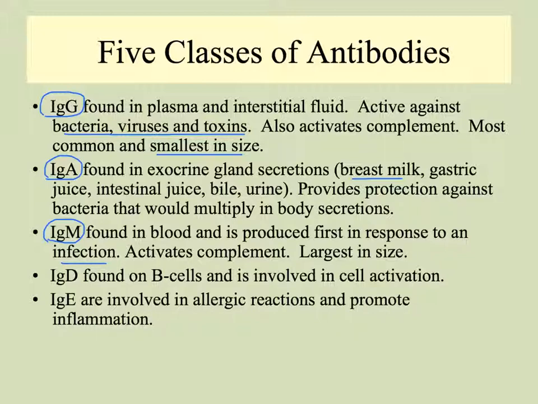It also helps activate the complement proteins, and it's really the largest of all of our immunoglobulins. IgD is found on B cells and is involved in cell activation. And IgE is involved in allergic reactions; it helps promote inflammation, which is one of the characteristics of an allergic reaction.